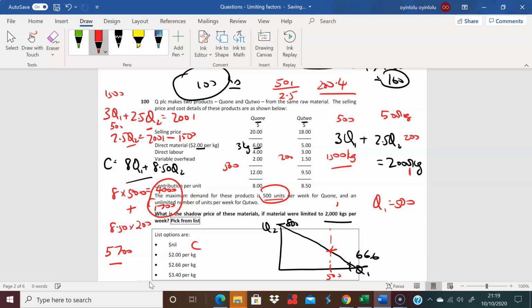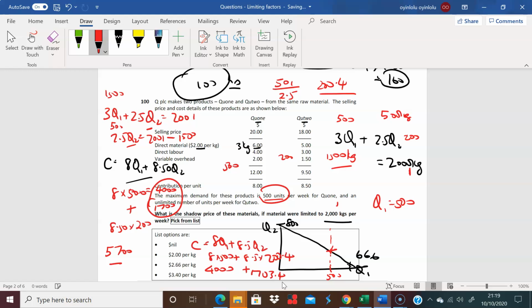So that means your C now becomes 8Q1 plus 8.5Q2. So 8 times 500 plus 8.5 times 200.4. Here again, of course, you will have 4,000, and when you do 8.5 times 200.4, you get 1,703.4.